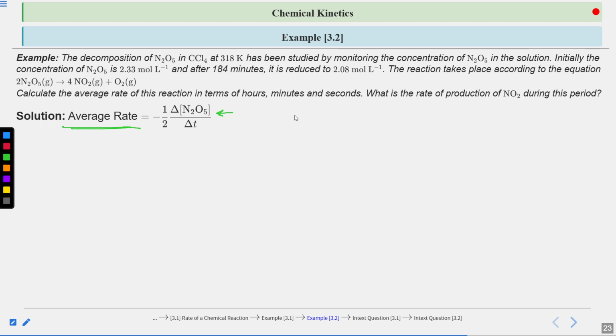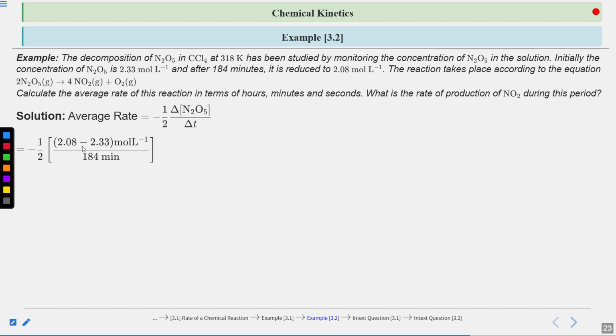You can also express it as plus 1 by 4 change in the concentration of NO2 divided by del T, and it is also equal to change in concentration of oxygen divided by del T. In the products it will be positive, because the concentration is increasing. And this is also the average rate, which is minus half, minus because the concentration of the reactant is decreasing. This is a decreasing quantity.